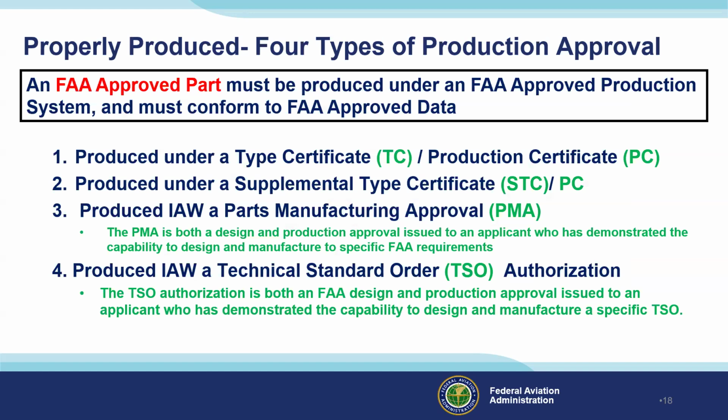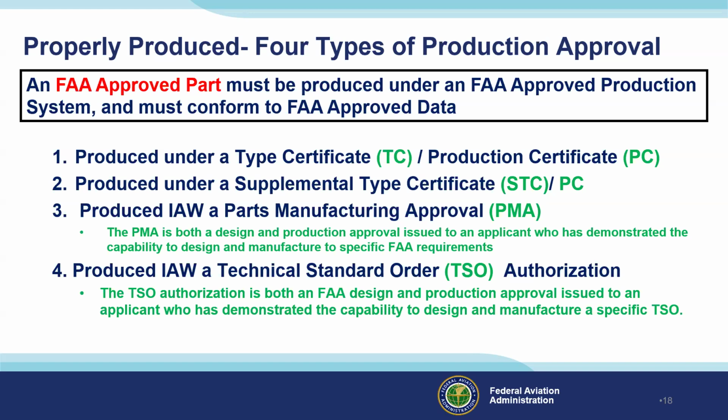Here's the 4 types of production approval that the FAA issues. First one is produced under a type certificate. It normally leads to a production certificate. This would probably be the entire aircraft and all the parts. The next one is produced under a supplemental type certificate, which usually leads to a production certificate.